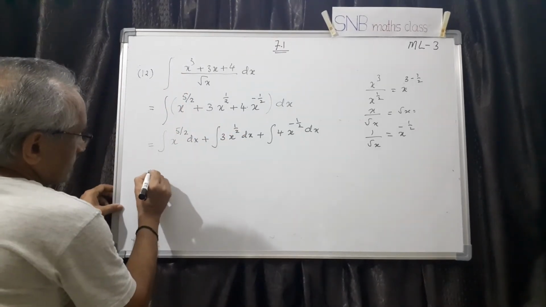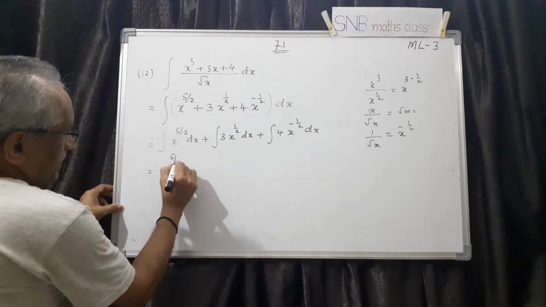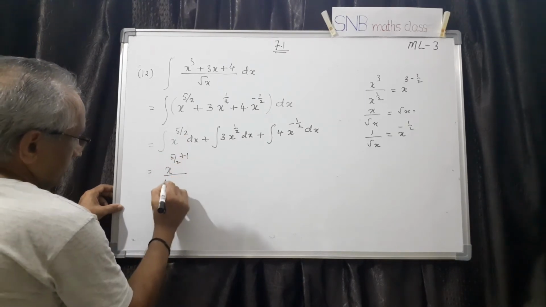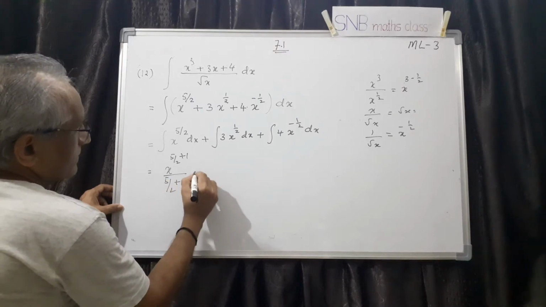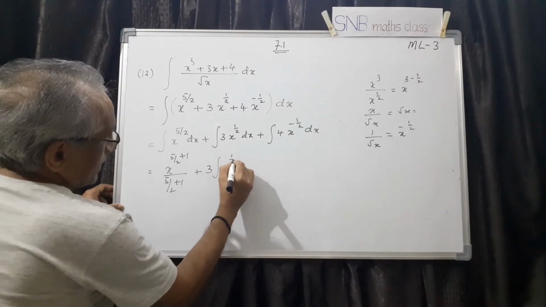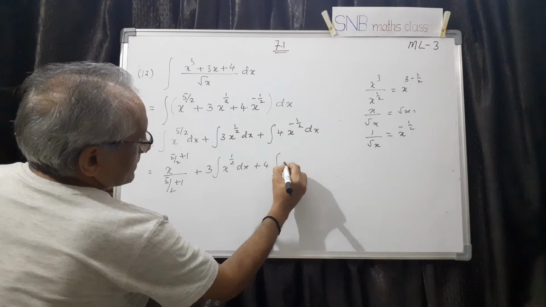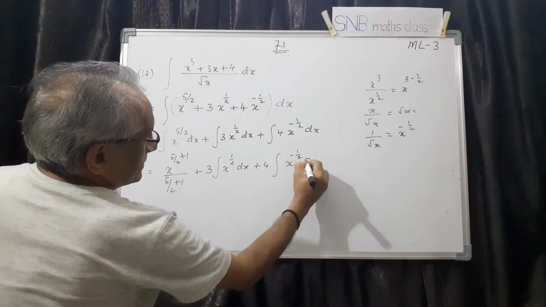So this will be equal to now, see, x power n plus 1, that means x power 5 by 2 plus 1 by 5 by 2 plus 1. 3 can be taken out here. Then x power half dx. Here also 4 can be taken out. Then x power minus half dx.